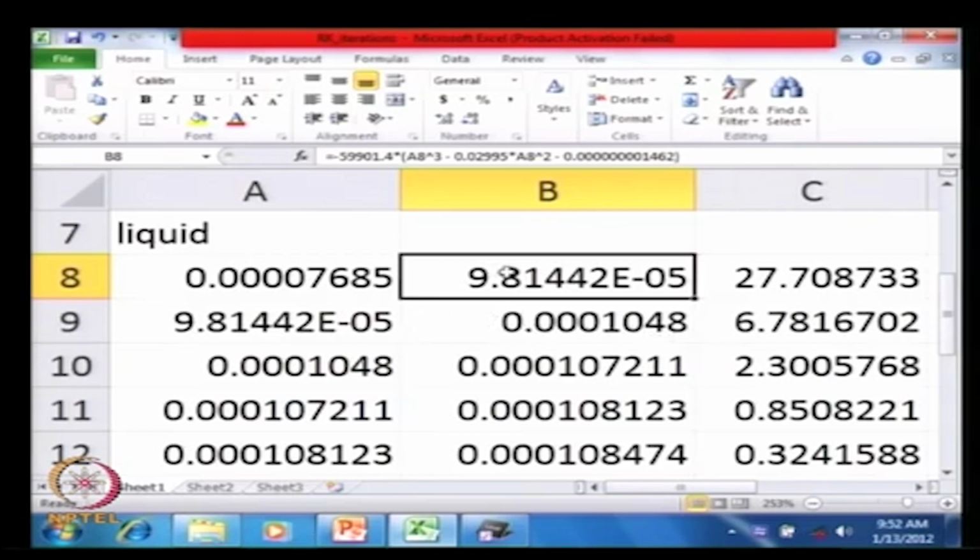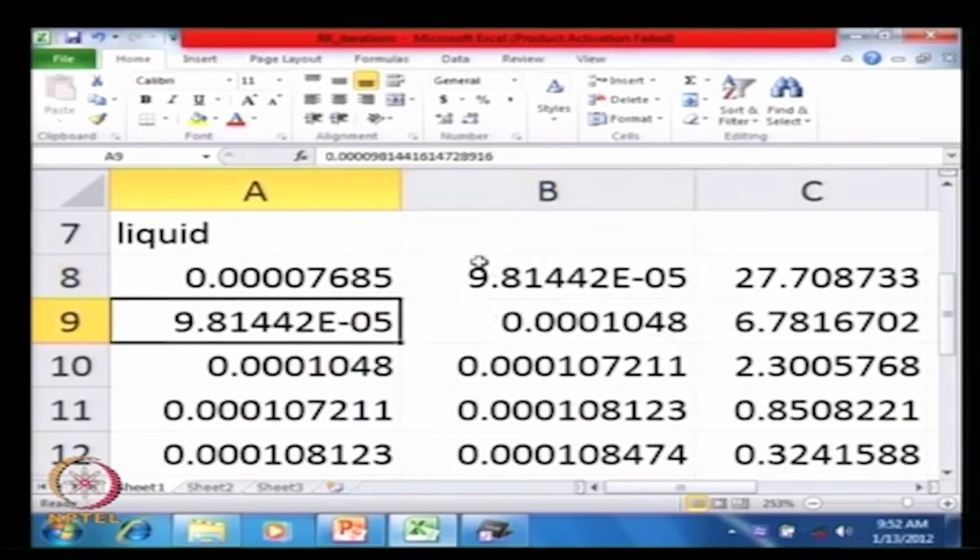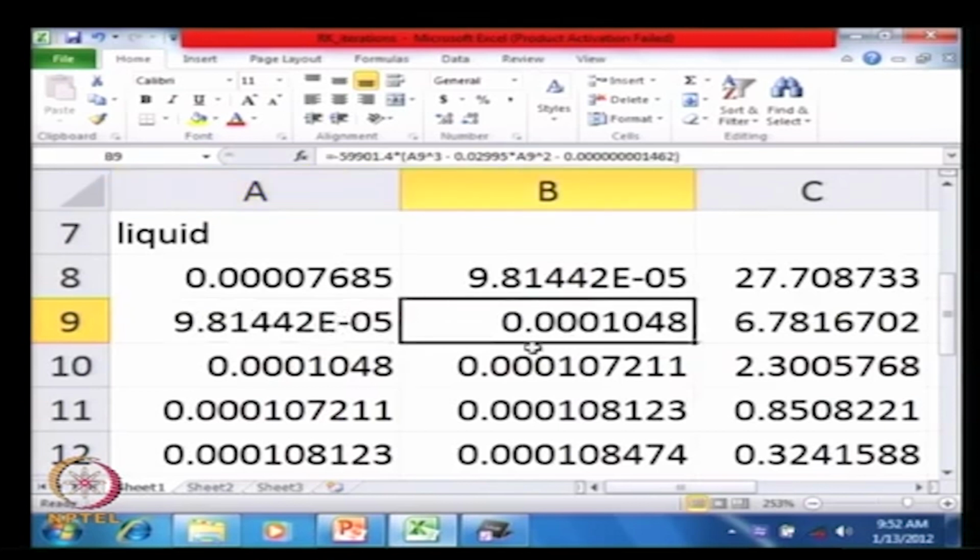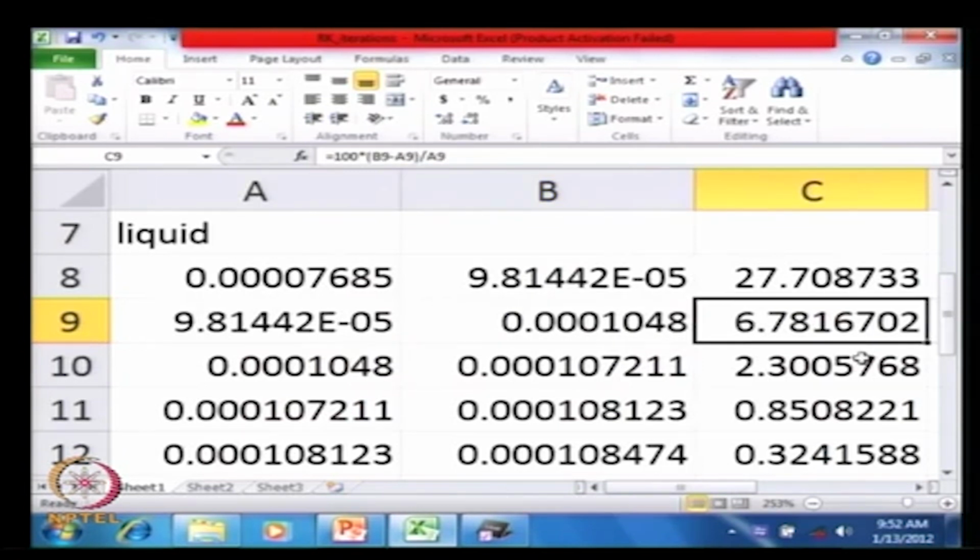Now we take the calculated value as the second guessed value. The calculated value happens to be 0.0001 and so on. The percentage error is 6.78, still clearly unacceptable.